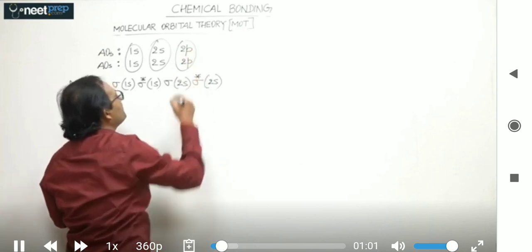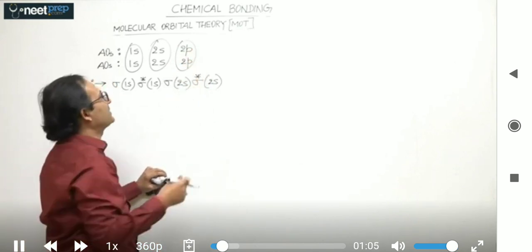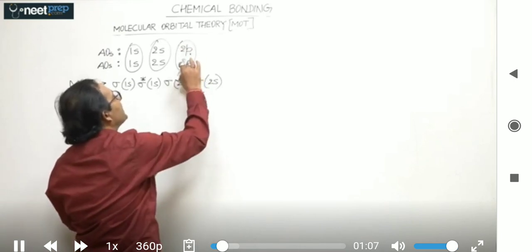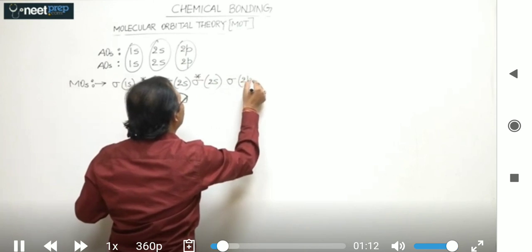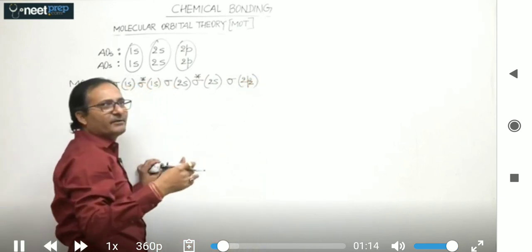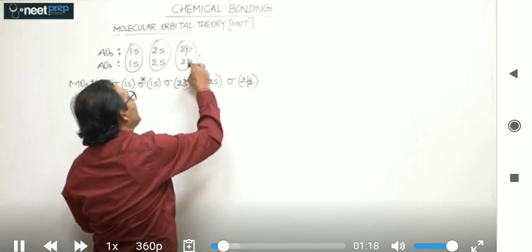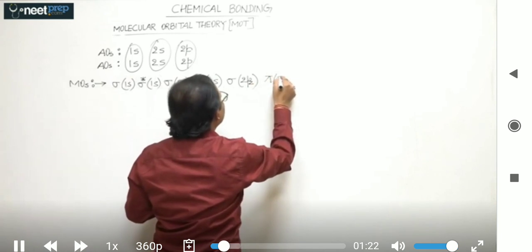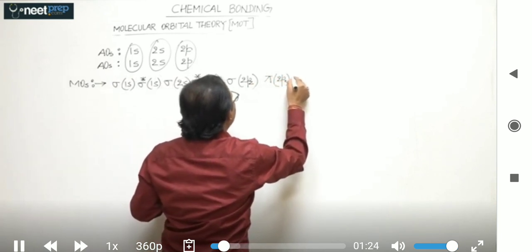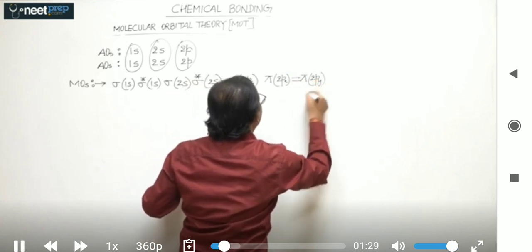Now 2p, 2p. Suppose the Z axis is the internuclear axis. So 2pz, 2pz will form sigma 2pz and sigma star 2pz. Then 2px, 2px, 2py, 2py will form pi 2px equal to pi 2py.